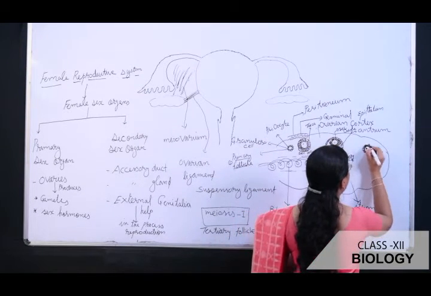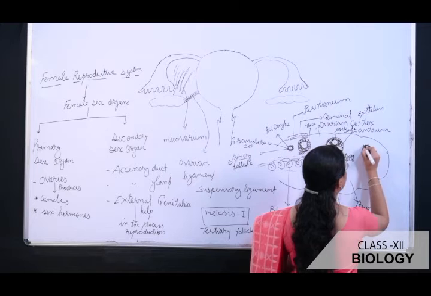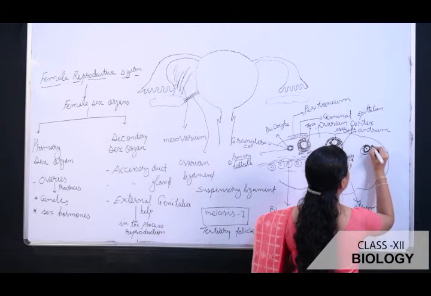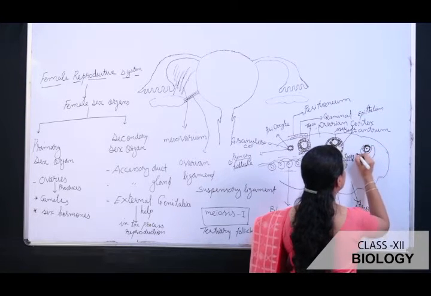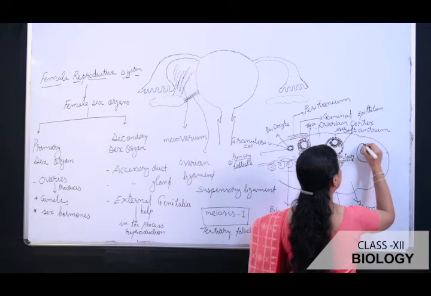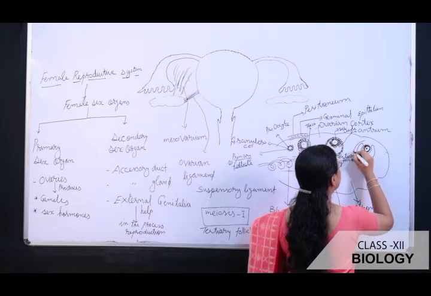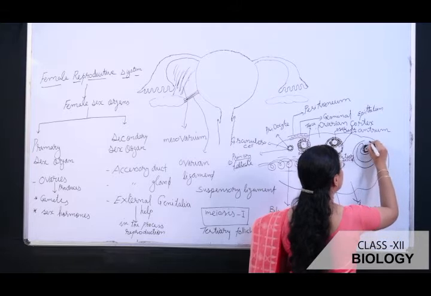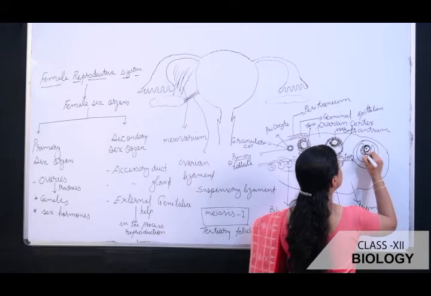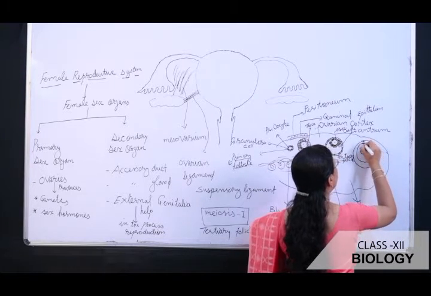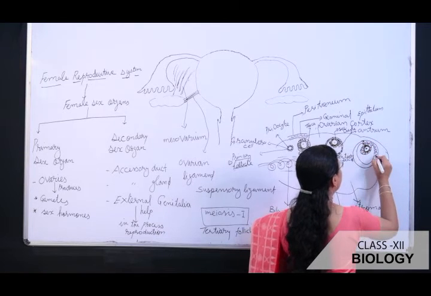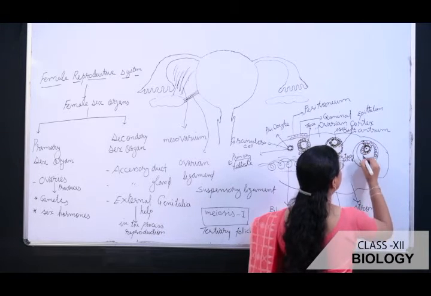Okay, and after that what happened? It forms the cavity like this, and the Graafian follicle is formed. So here you can see the granulosa cells. Granulosa cells are there.